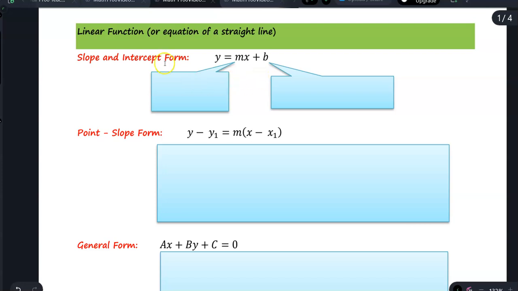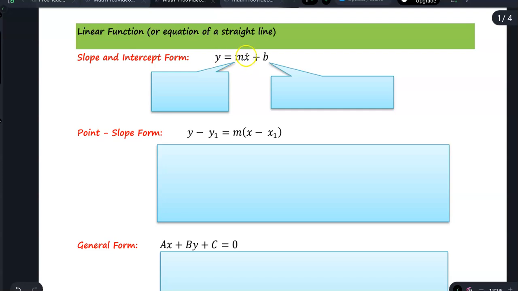As I mentioned earlier, a linear function is an equation of a straight line, but note that inside this equation there are two variables, x and y, representing the Cartesian plane, the x and the y-axis.